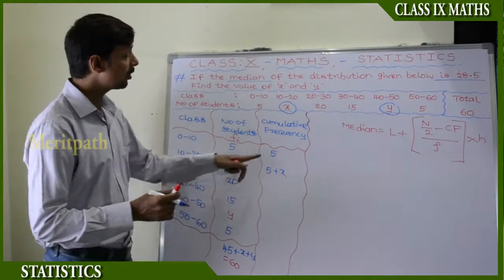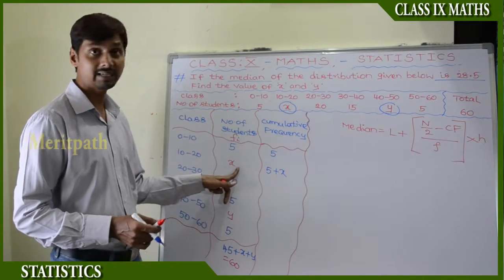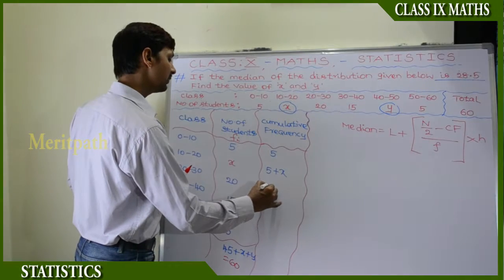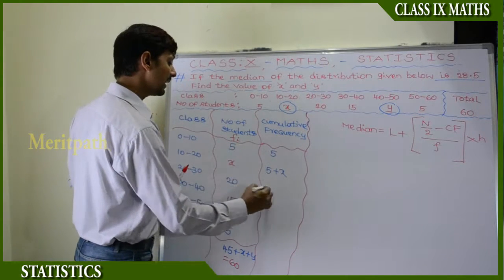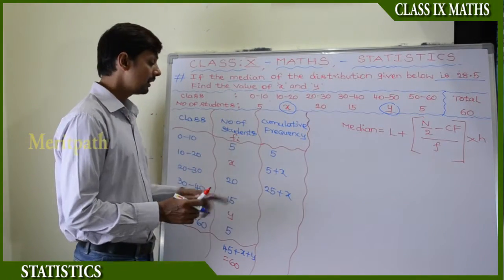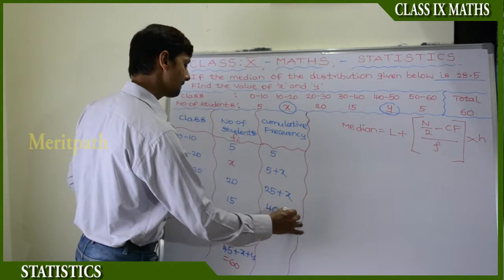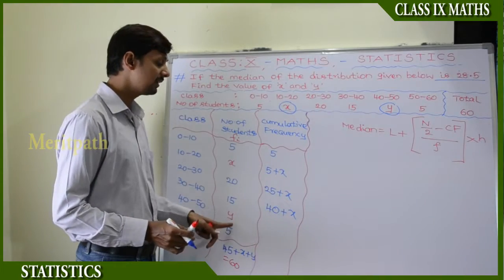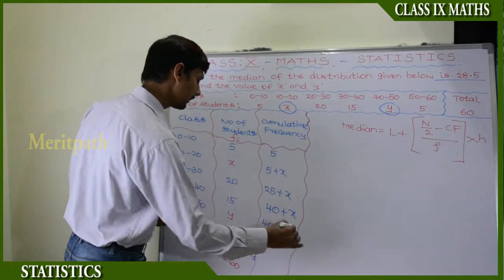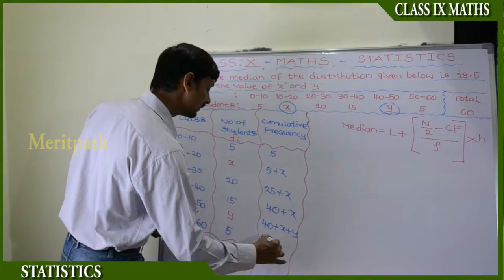Then 5 plus x plus 20 is 25 plus x, and this is added to the next frequency, 15, giving 40 plus x. Then 40 plus x plus y, and then, adding the next frequency, 45 plus x plus y.